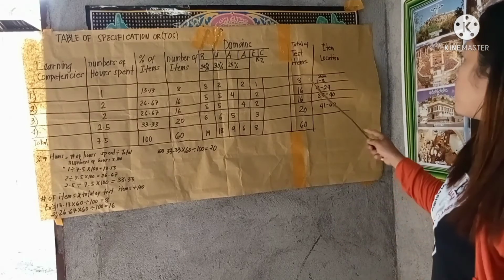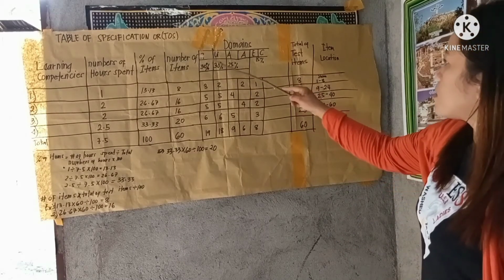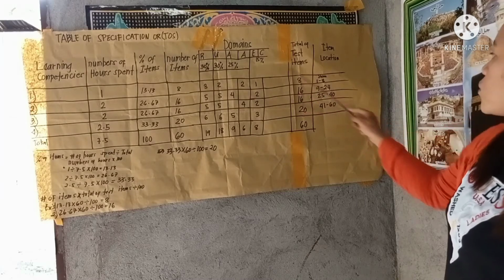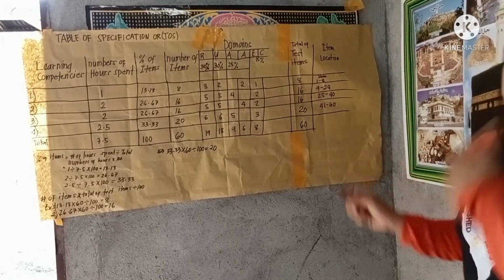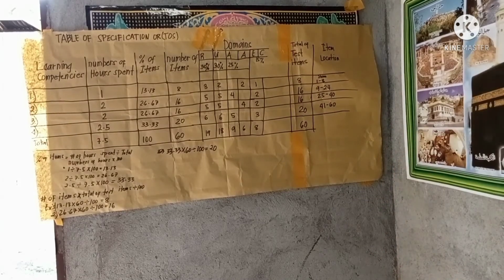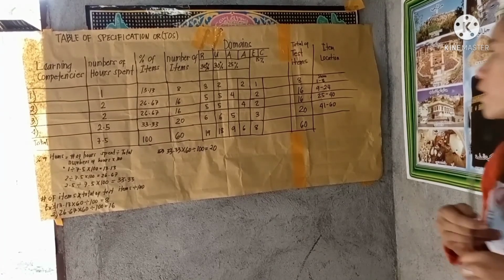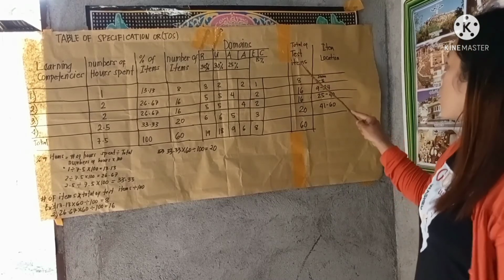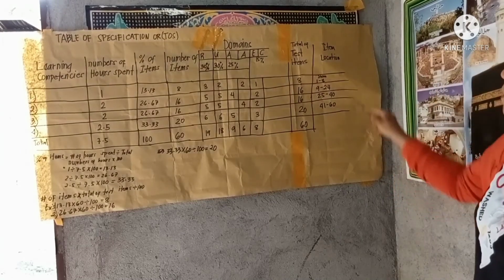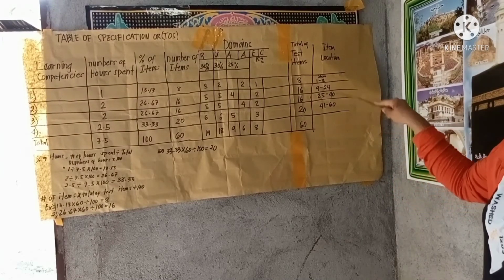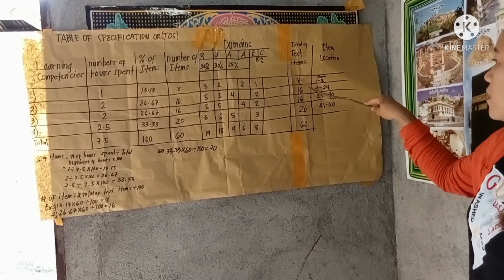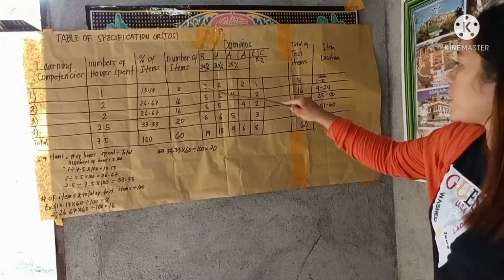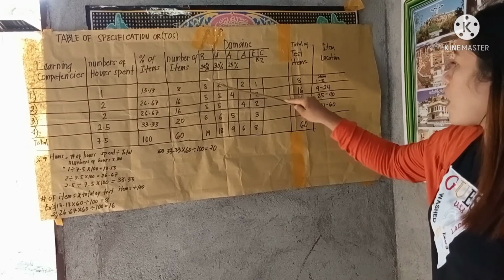Okay, here, the total of test items is 60. Here we have 8. In remembering, I put 3.